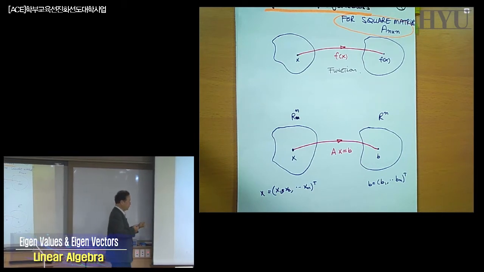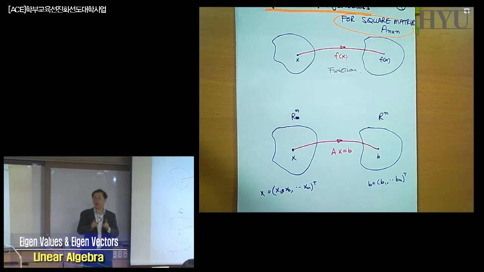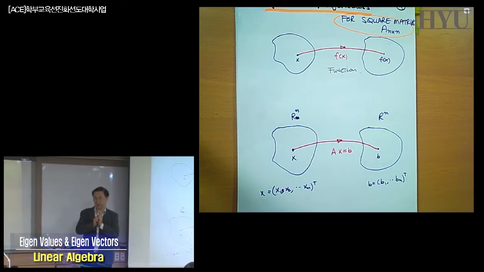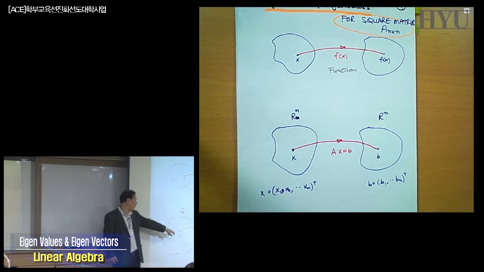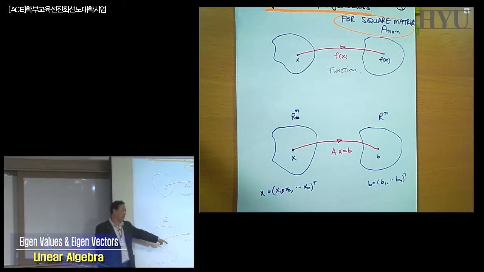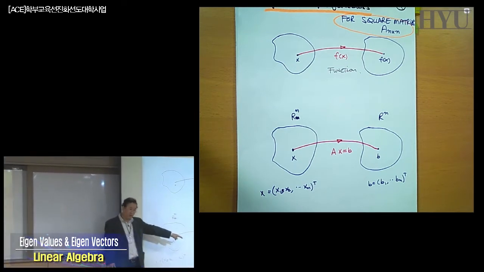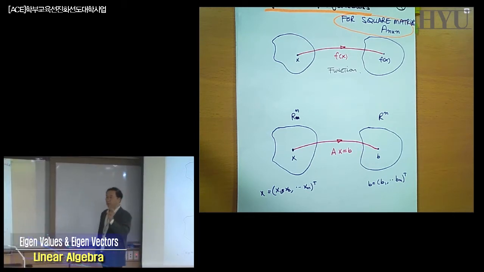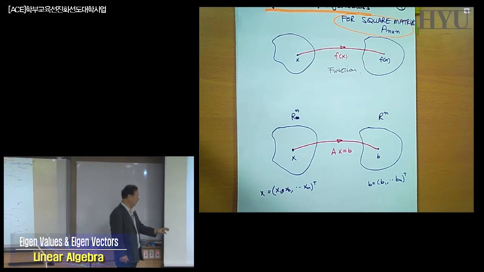When you apply A, the vector b is in the same direction as vector x. Okay? The size may vary. In many cases, when you apply A to vector x, the direction of b might be different. But in this case, we are studying special vectors.